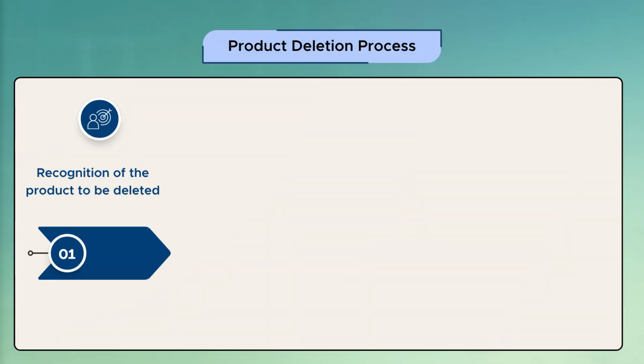Basically, you first recognize that the product has to be deleted. This recognition comes from your performance expectation versus the reality, right? Compare your performance against your guidepost or your initial plan that you had from the beginning.